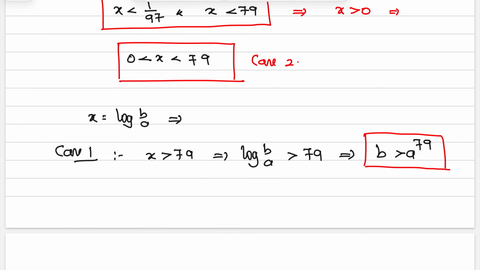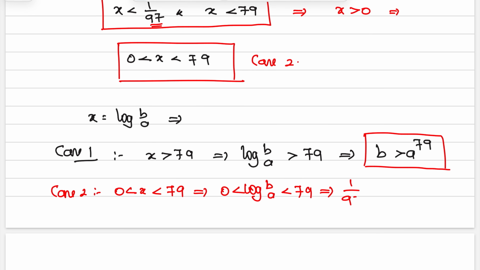Now, in case of case 2, what happens? 0 is less than x is less than 79. That implies 0 is less than log b to the base a is less than 79. This is x is less than 1 by 97.